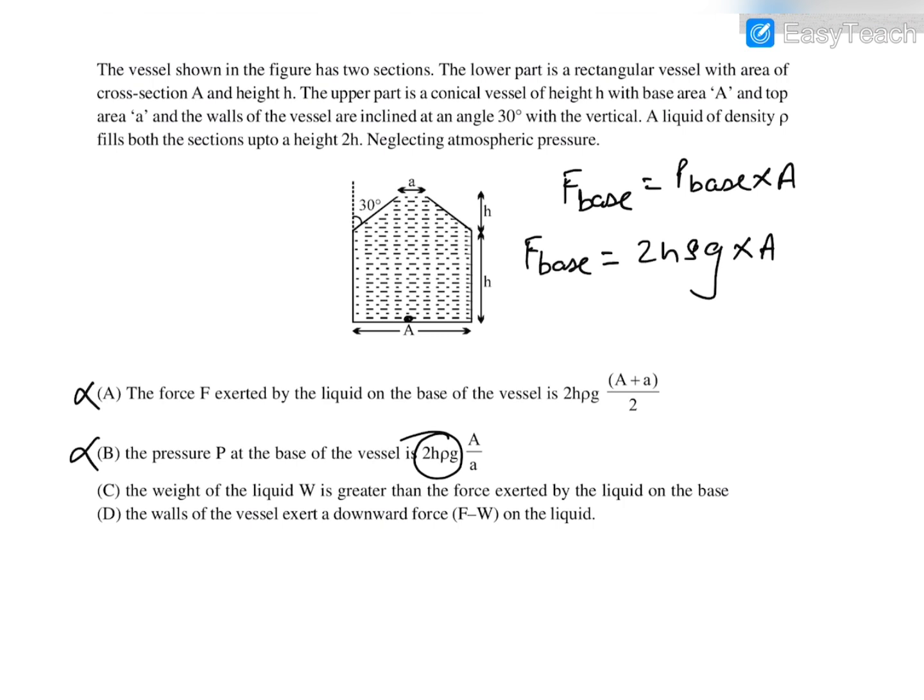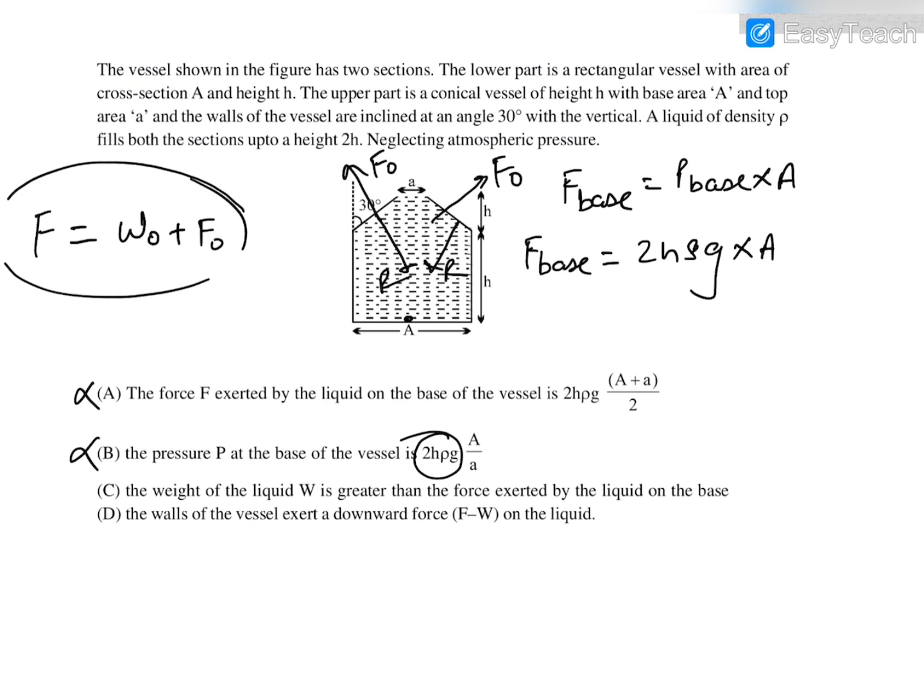Now the weight of the liquid W is greater than the force exerted by the liquid on the base. Now let us see this scenario. We know that this liquid will be exerting some force F0 on the inclined walls of this container, and the container will be giving its reaction in the downward direction. So the force on the base of the container is F, and that would be equal to W plus this reaction, which is equal to F0.